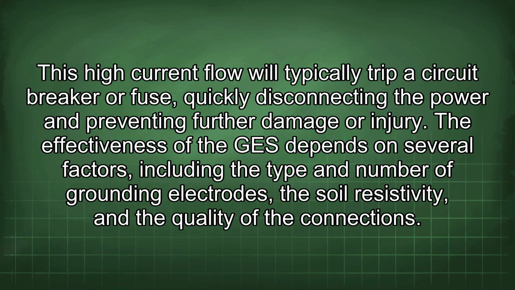This high current flow will typically trip a circuit breaker or fuse, quickly disconnecting the power and preventing further damage or injury. The effectiveness of the GES depends on several factors, including the type and number of grounding electrodes, the soil resistivity, and the quality of the connections.